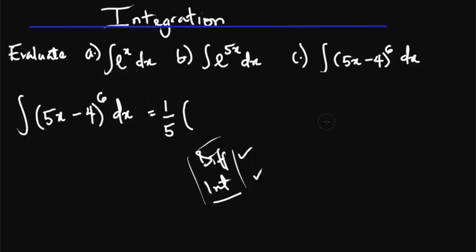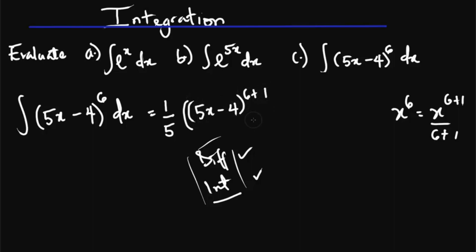Just like you integrate x to the power 6 by adding 1 to the power and dividing by the new power, that's the same way you're going to integrate (5x minus 4) to the power 6. So that becomes (5x minus 4) to the power 6 plus 1, divided by the new power 6 plus 1.